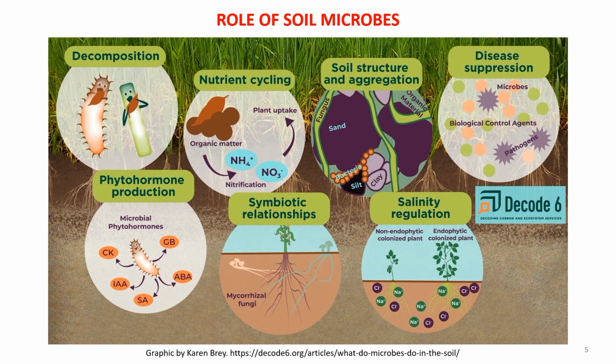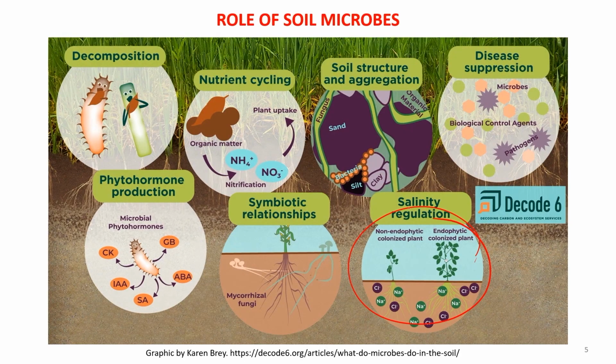Many microbes help in regulating the salinity of soil, thereby making the soil conducive for the growth of plants. The microbes also help in disease suppression, and we can use many of these as biocontrol agents against certain pathogens.